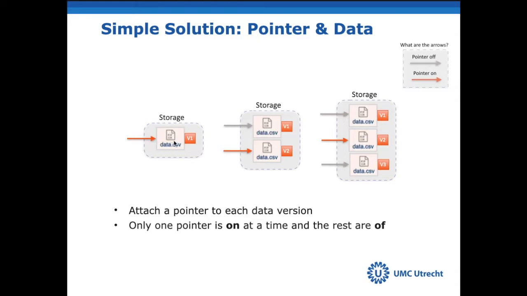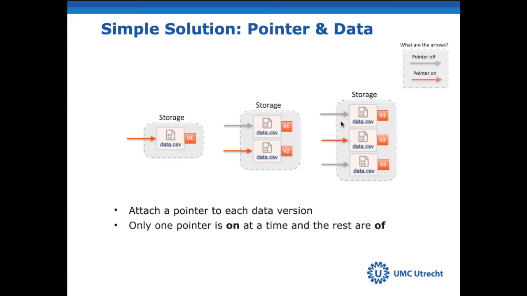if you have more than one version of that data. For example, in the middle image, there's a storage with a data.csv, and there is a version 1 and a version 2. From left to right, we have included the new version and also a new pointer. One of the pointers is off and the other one is on.